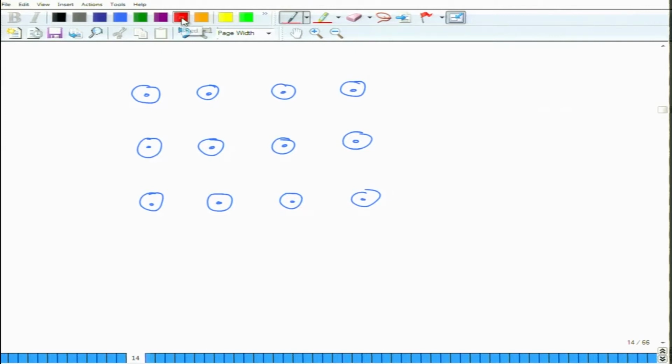I can make some change here. I can make this a molecule. Let us say it is not just one atom which goes to a point, it is this molecule which goes to a point. So, you have replaced the points with these molecules. Does this make a lattice?